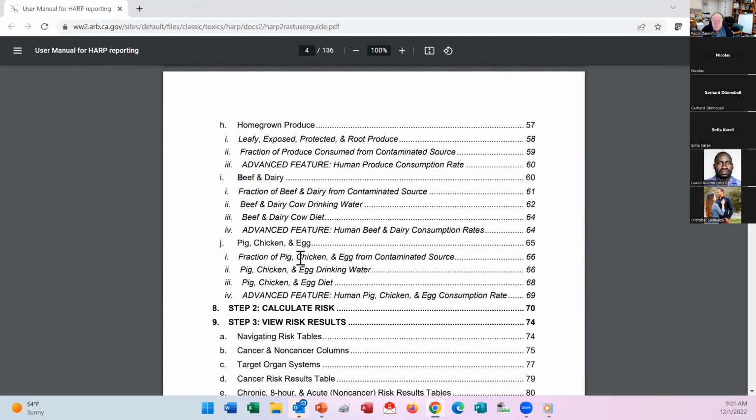The beef that you eat, the milk that you drink, pig, chicken, eggs, cancer and non-cancer effect, different formulas. Okay, so you can see it's a very comprehensive piece of software that is used in California, in other places, to develop an estimate of the adverse health effects on humans.